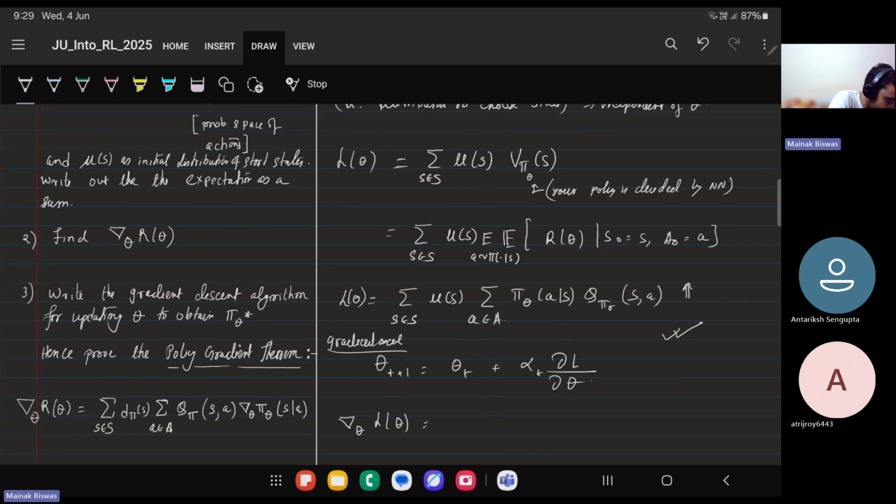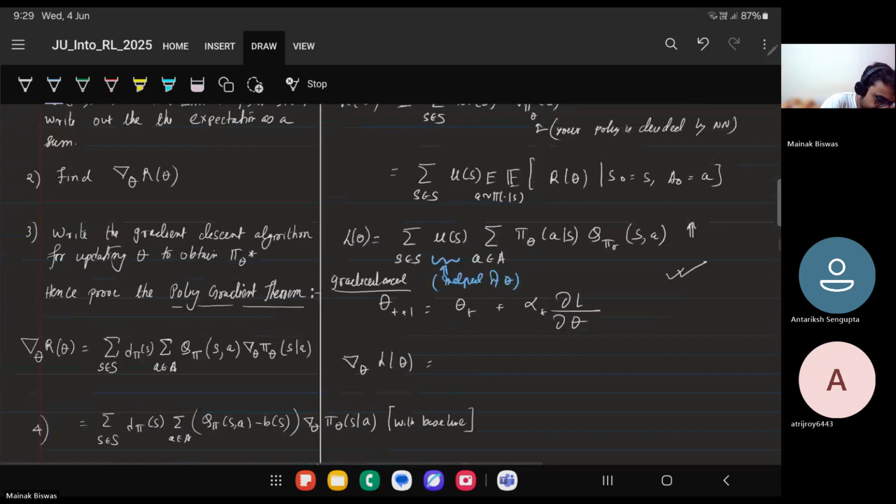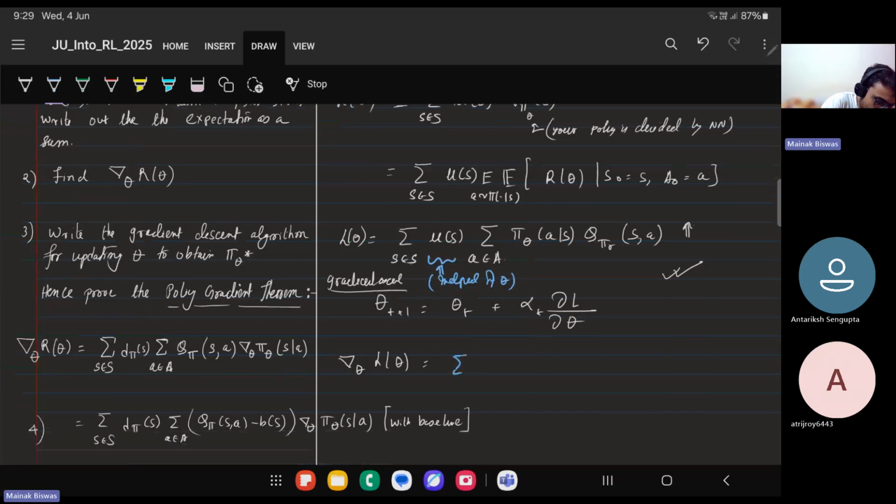See the first function. This is independent of theta. So I get the summation of mu s, gradient of summation of A belongs to A, pi theta of A given S, q pi theta. For the time being, I'm not going to write theta for ease.